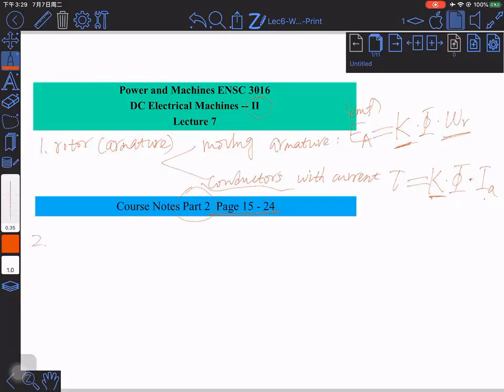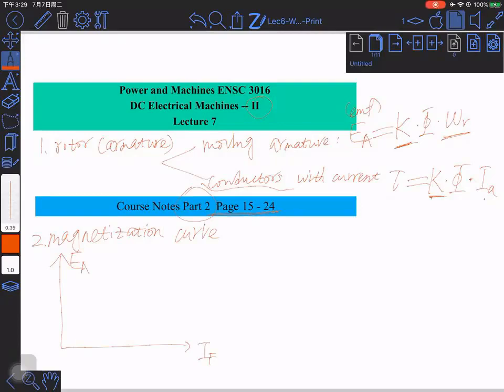Secondly, we also look at the magnetization curve. We know that the magnetization curve for a DC machine can give us some information, and we have several different magnetization curves. One of them is the developed electromotive force versus the field current.